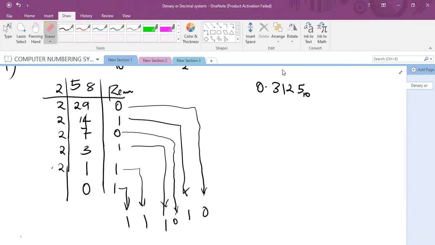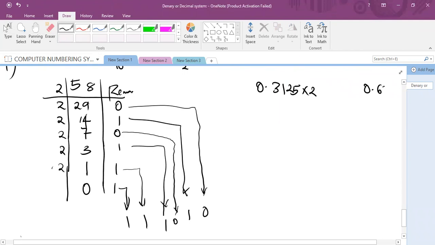So first of all, start by multiplying it with 2. So 0.3125 times 2. And what does that give? That gives 0.625. Then we take this part here. So that is 0.625 times 2. What does that give? That gives 1.25.